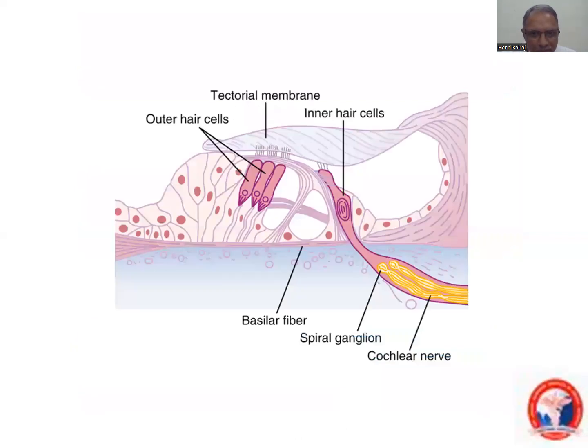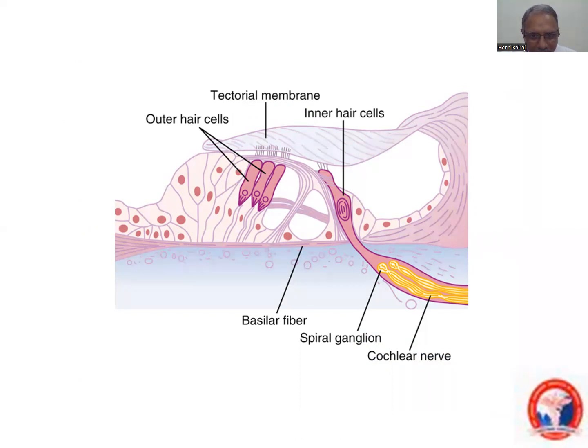This is to show particularly the hair cells, stereocilia, attached to the tectorial membrane, and the outer hair cells. Here, this is the hair cell, and this is another hair cell, the inner hair cell, which also has stereocilia.